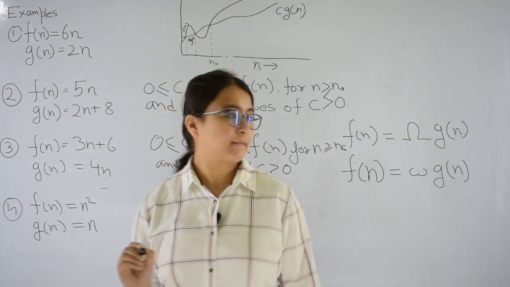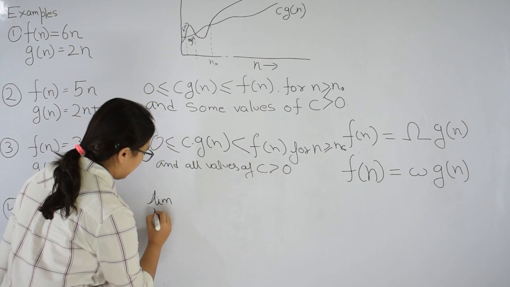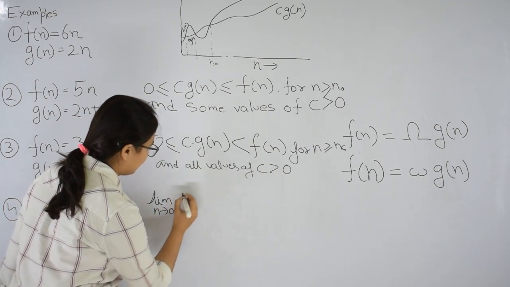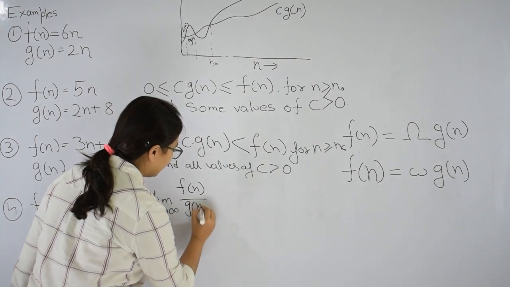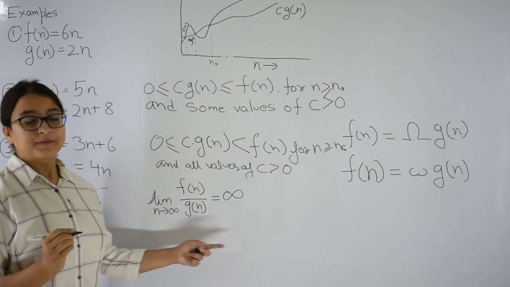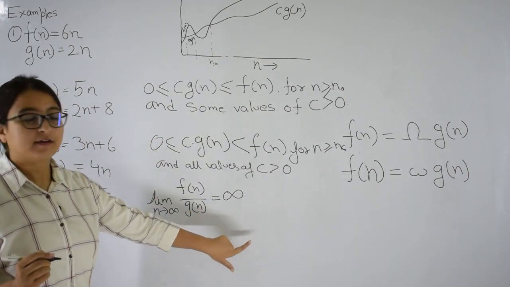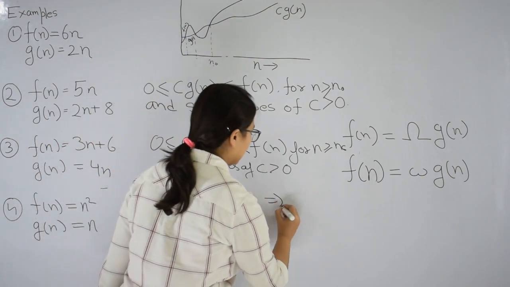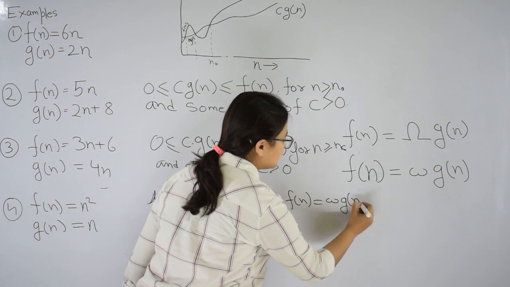When limit n tends to infinity, f of n upon g of n gives a value of infinity, then we say f of n is small omega of g of n.